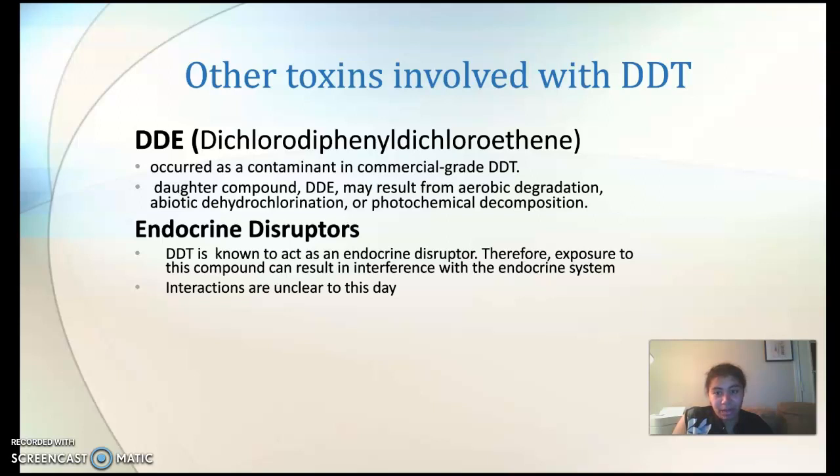It's a daughter compound, and it can result from aerobic degradation, dehydrochlorination or photochemical decomposition. It can also act as an endocrine disruptor, which can interfere with the endocrine system, and their interactions are still unclear to scientists to this day.